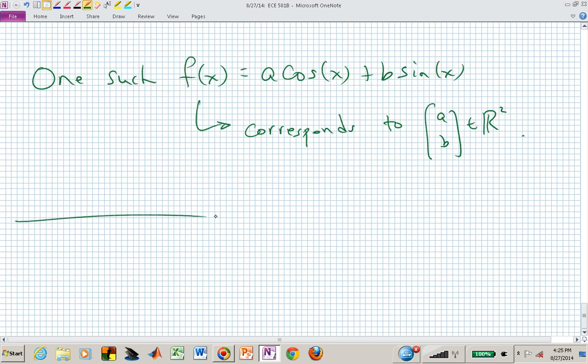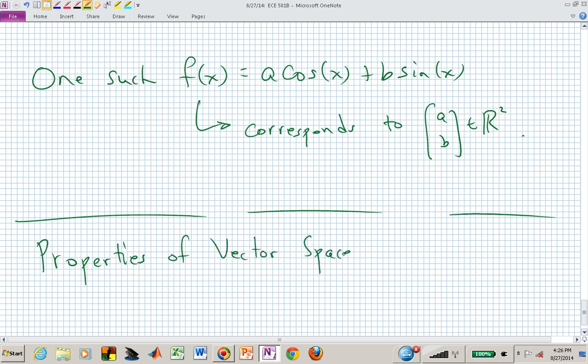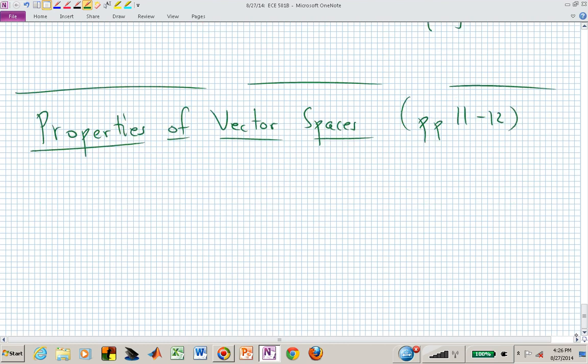Let's now look at some properties that these vector spaces satisfy. And these properties that I'm talking about right now are collected on pages 11 and 12 of Axler.